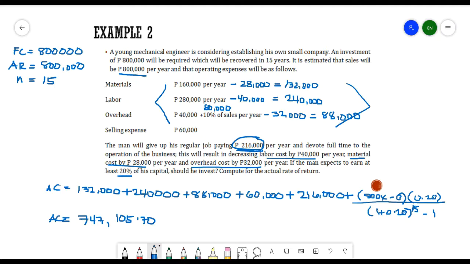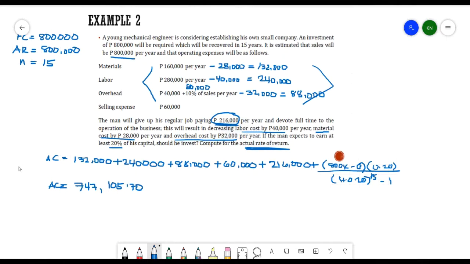But we are looking for the ROR, or the rate of return of the investment. So ROR is equivalent to AR, which is 800,000, minus our AC, which is 747,105.70, divided by the capital, which is 800,000.